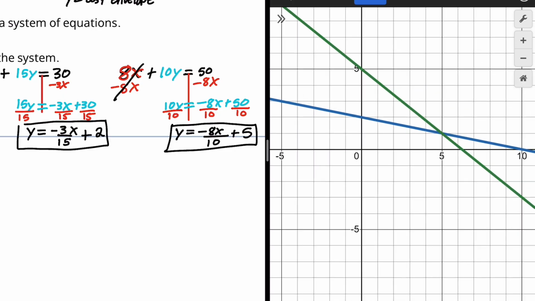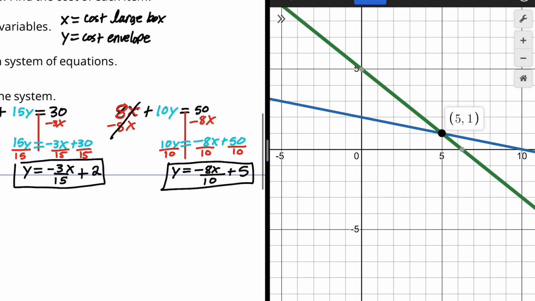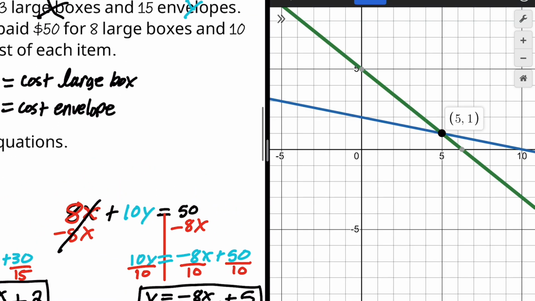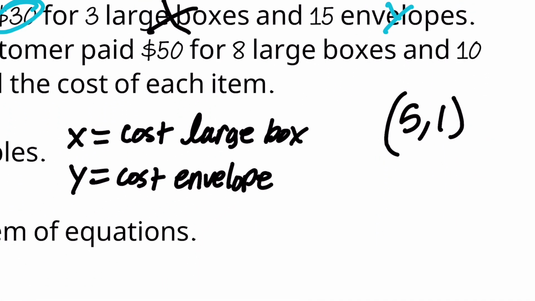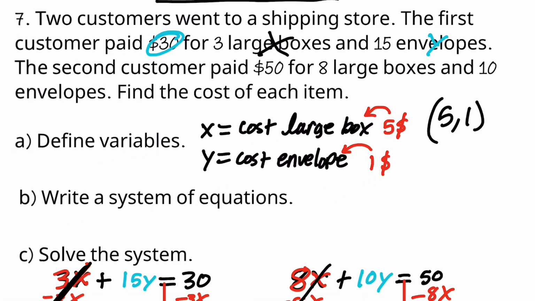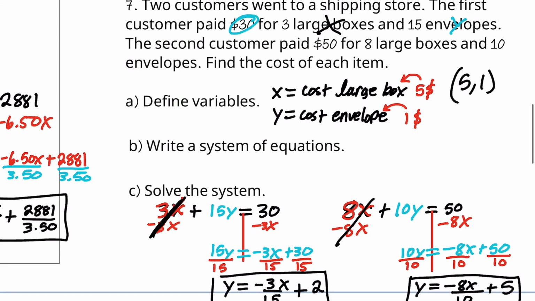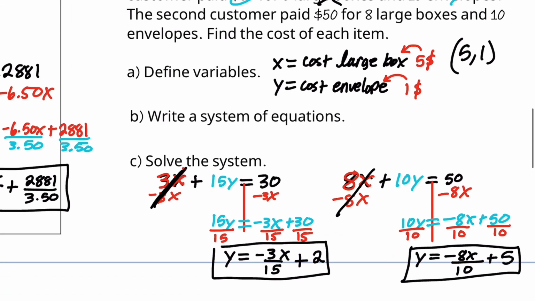Alrighty, let's see where they cross. It looks like over here, at 5, comma 1. Okay, well, that's pretty nice. It is $5 for a large box, and it is $1 for an envelope. And there we go. We were able to solve it.